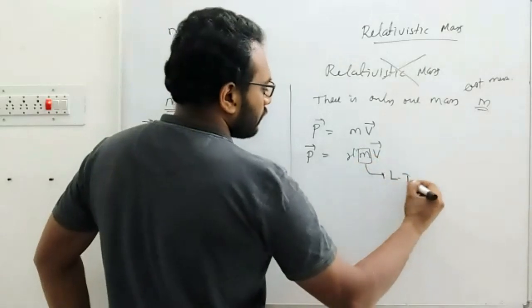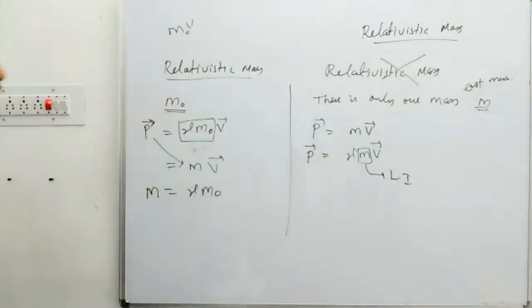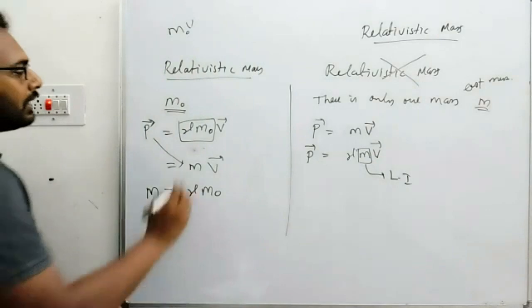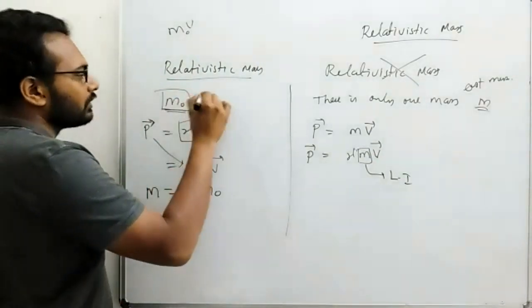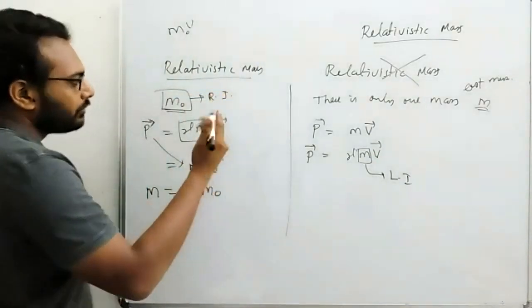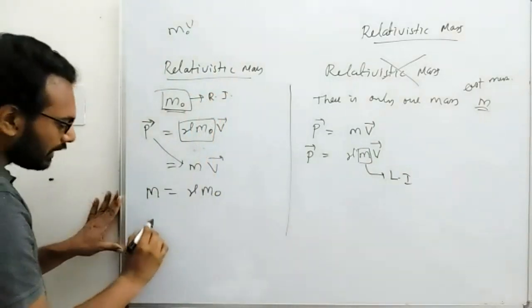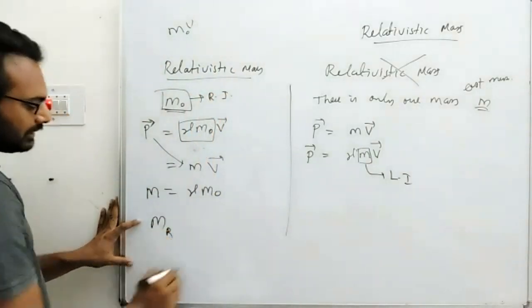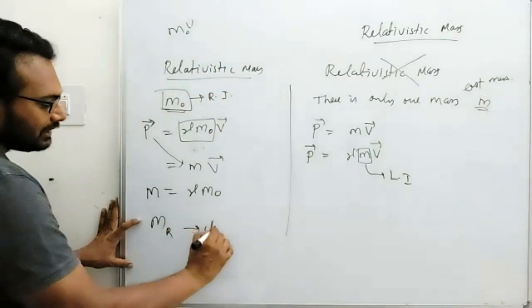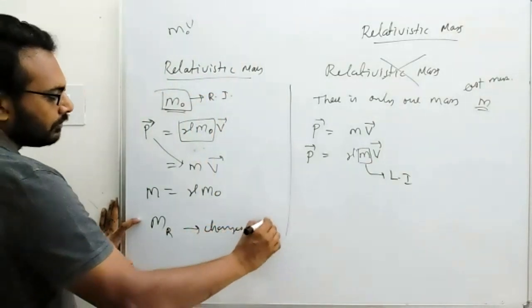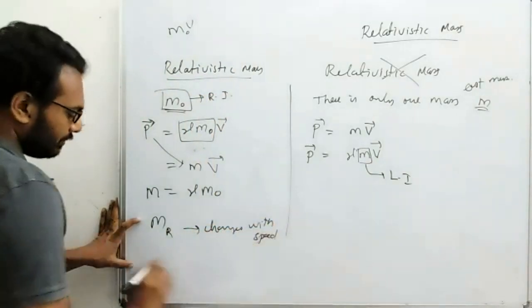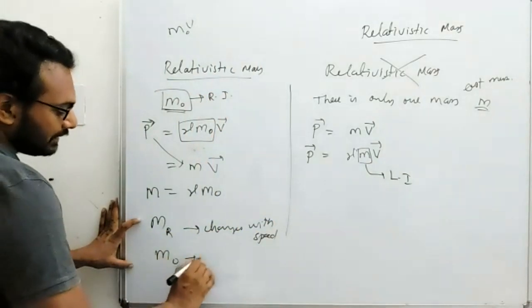It does not change when you go from one frame to another. Here, m0 is also relativistically invariant. So here there is a problem because we have two kinds of mass: relativistic mass, which we call m, which changes with speed, and rest mass, which does not change with speed.